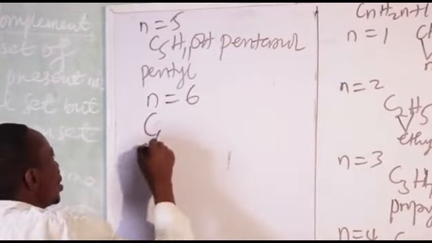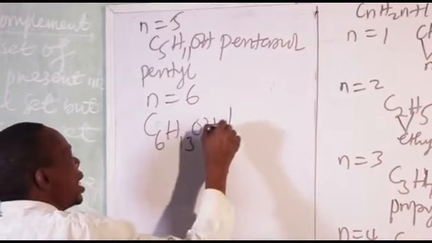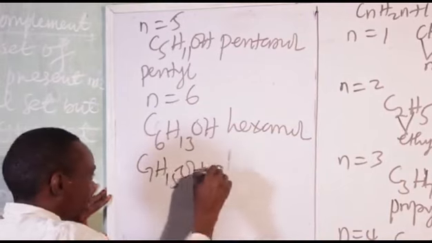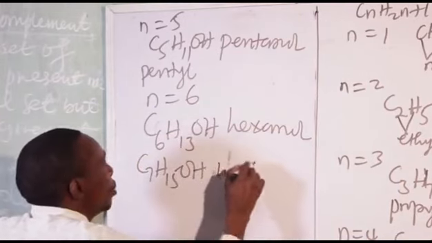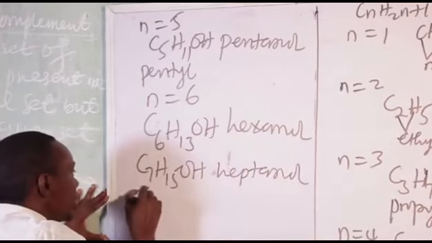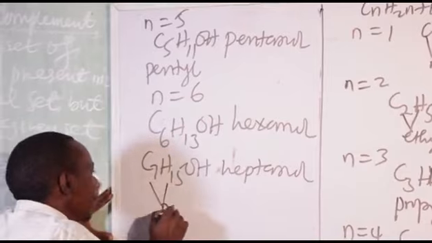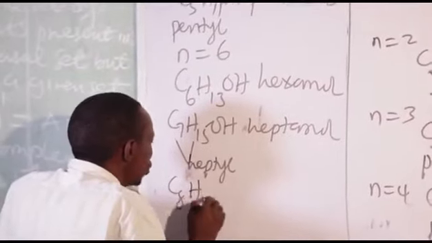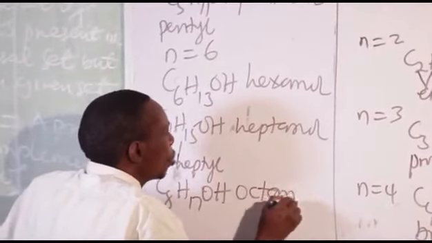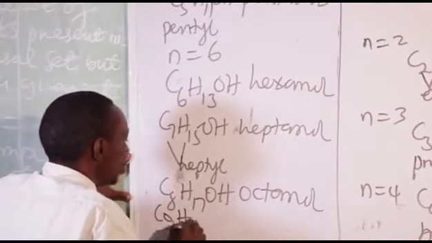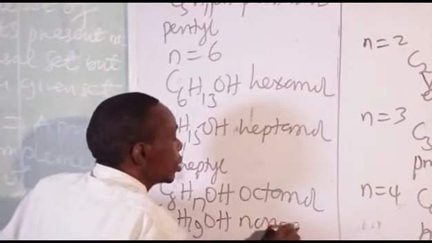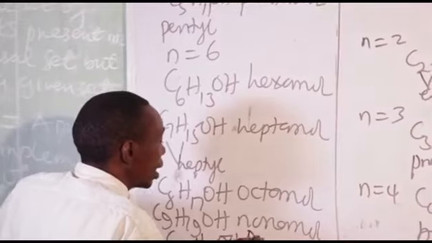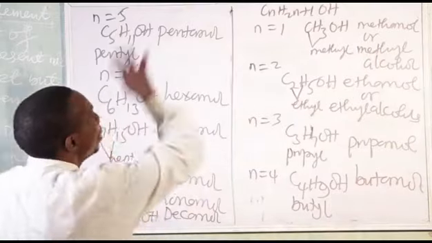When it goes to C6H13OH, that is hexanol. C7H15OH is heptanol, and this C7H15 is heptyl. And C8H17OH is octanol. C9H19OH is nonanol. C10H21OH is our decanol. And these are the members.